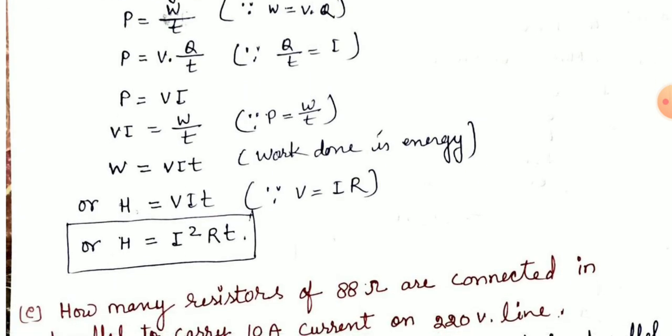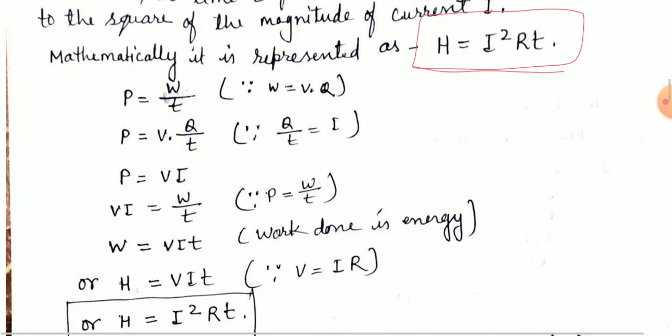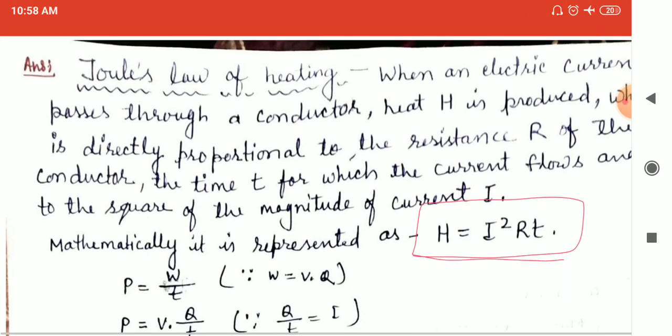So VI is equal to W upon T because P is equal to W upon T. So we can say W equals VIT. Work done is energy. So H or heat energy is equal to VIT. When we put the value of V equal to IR, then we get H equals I square RT. Joule's law of heating.